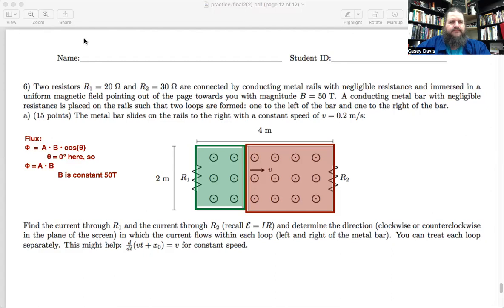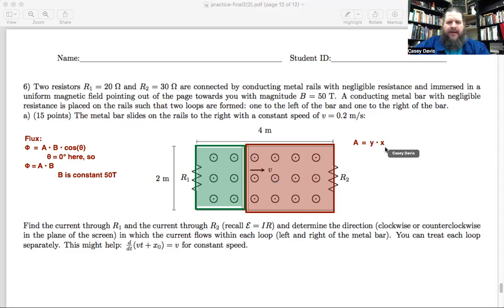Yes, because we were given the speed of changing. Right. And since this is a rectangle, how do you calculate the area of a rectangle? Length times width. Yeah, length times width. Let's say y times x. And as the bar moves, the rectangle is changing its area.